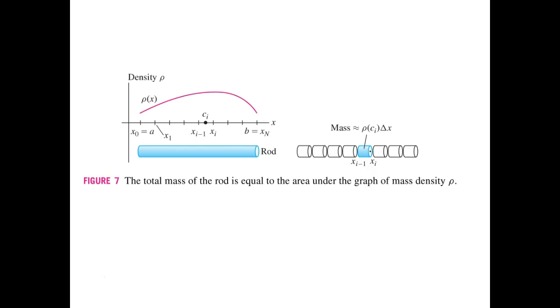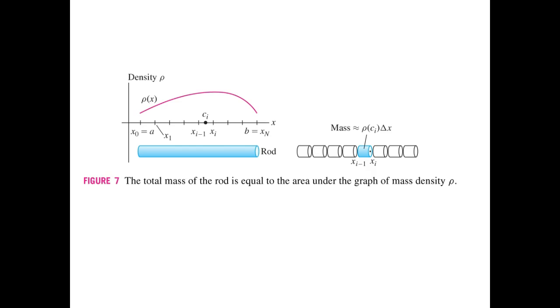This is some function of your displacement. Okay? Then what we do, we divide this rod into n equal pieces. So x of 0, x of 1, x of 2, x of 3, x of i minus 1, x of i, x of i plus 1, all the way up to x of n. Split it into n equal pieces.